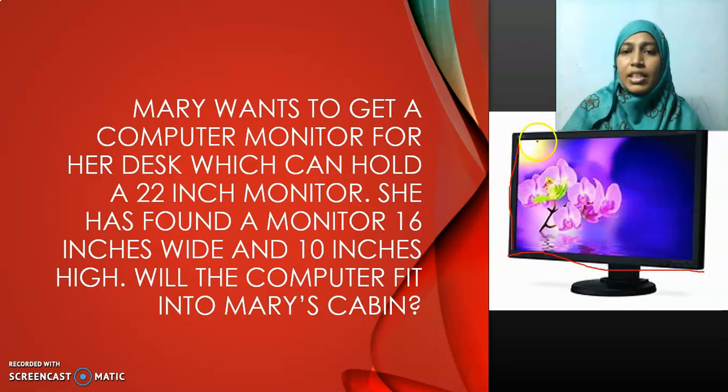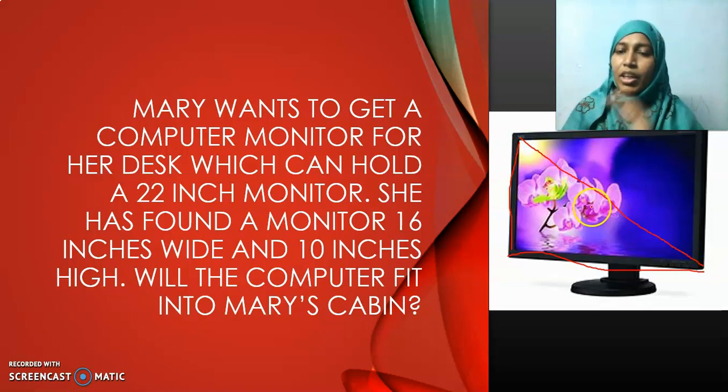No. It is the diagonal measurement that gives us the measurement for that monitor. They give us the diagonal measurement of that monitor and not the length or breadth. If you have not known so far, at least learn now.